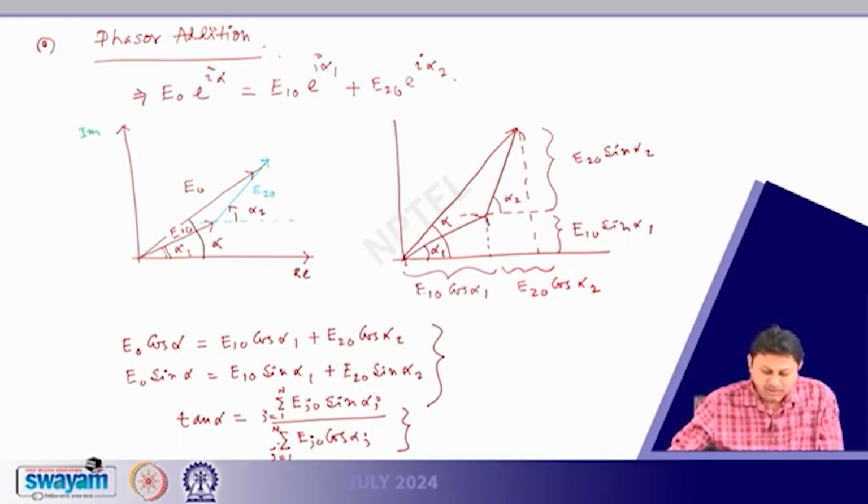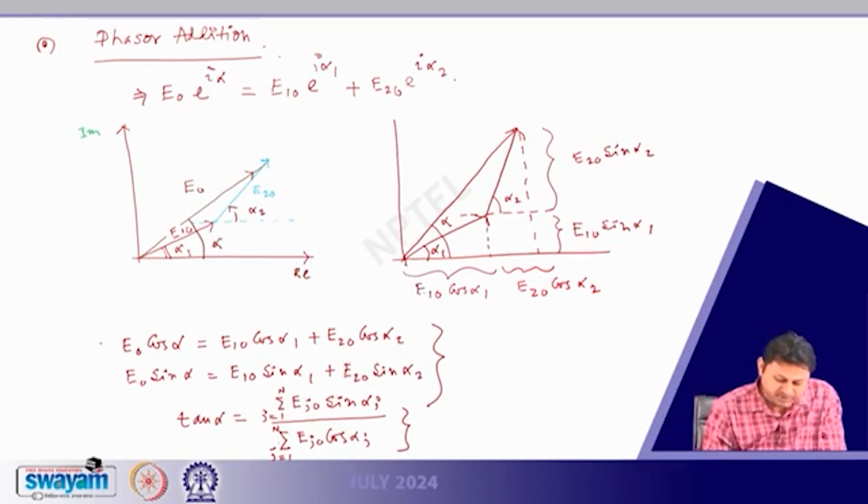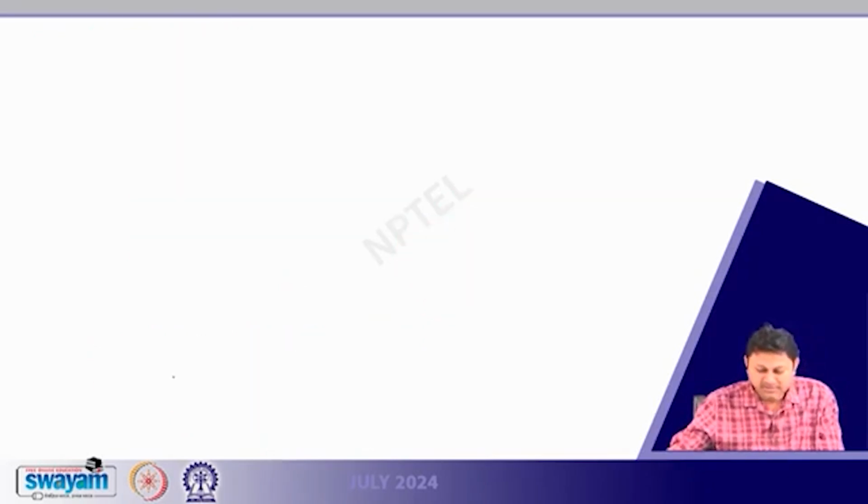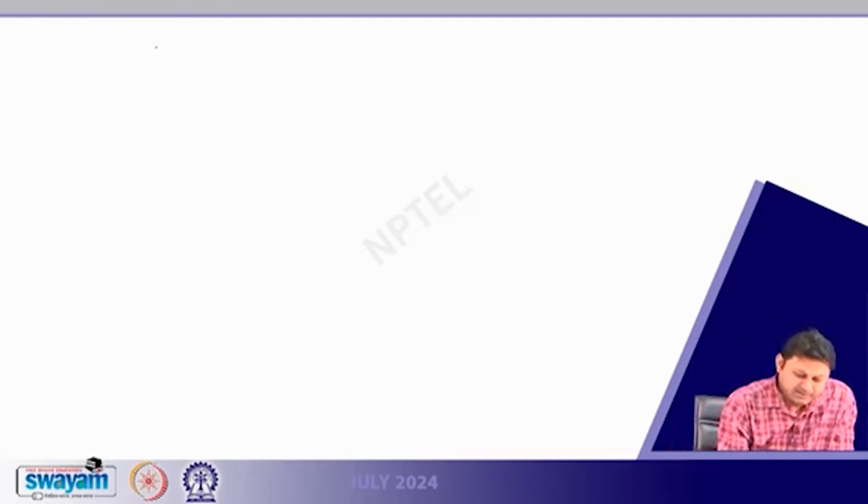Now, the resultant amplitude I can also find. From these two equations, if I square and add both sides, I am going to get the resultant amplitude.